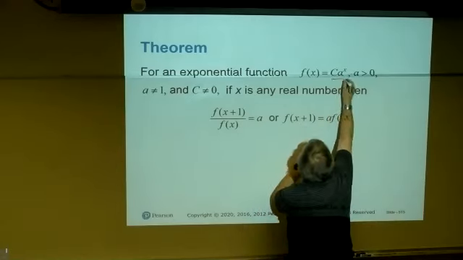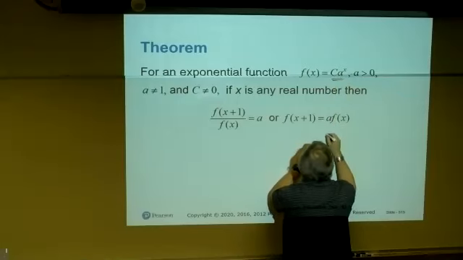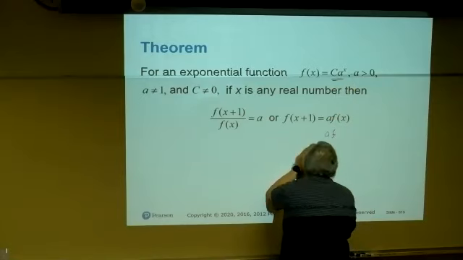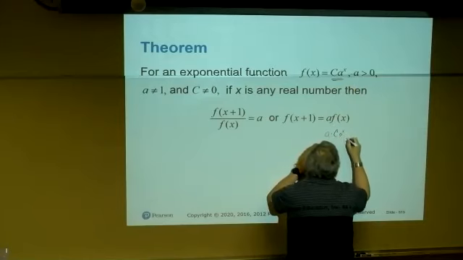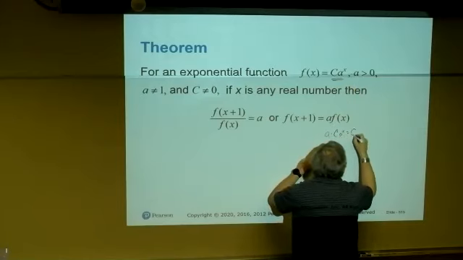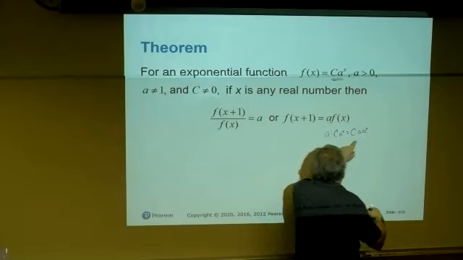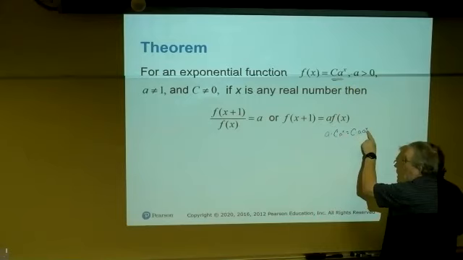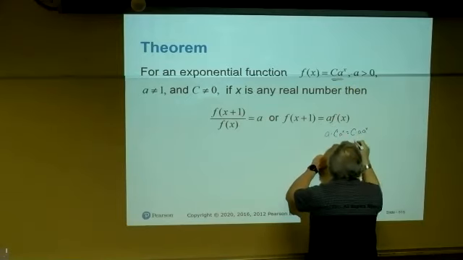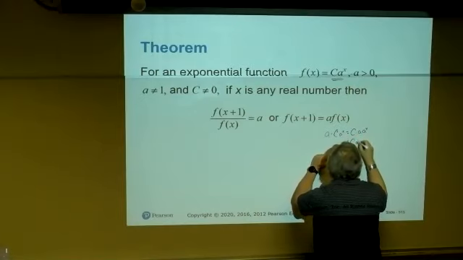All right, this is what the function is. So this becomes a times c times a to the x, which equals c times a to the x. Multiplying like bases, I add the exponents. So this becomes c times a to the x plus 1, right?